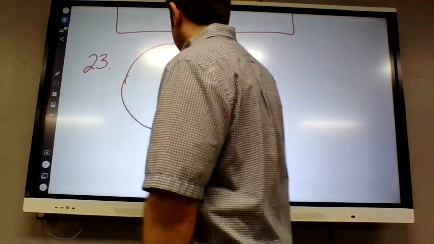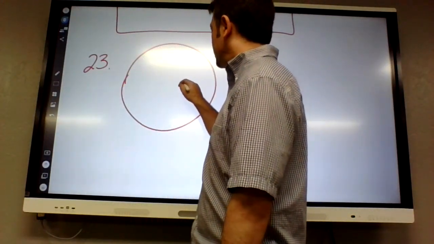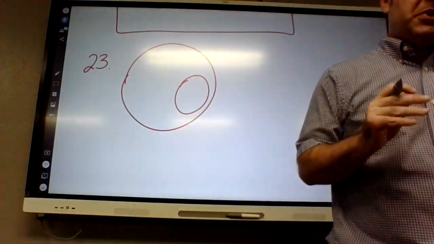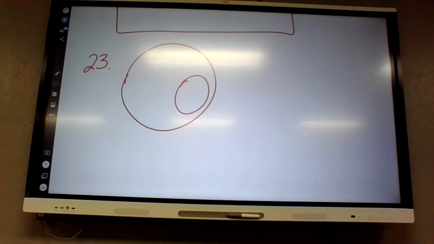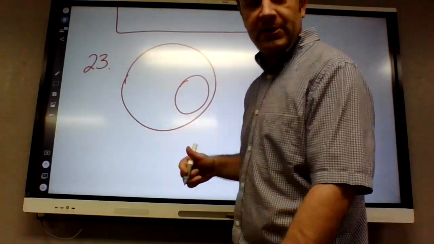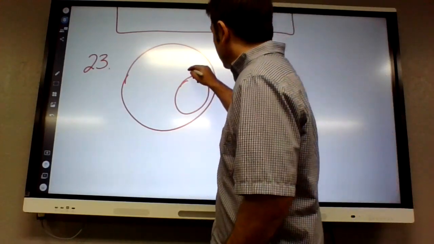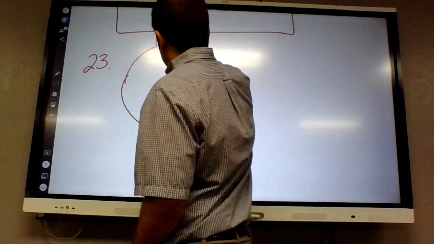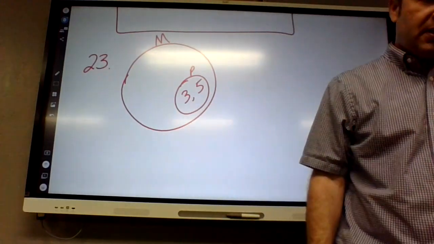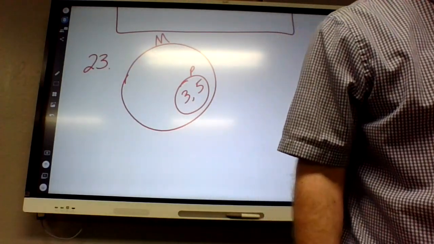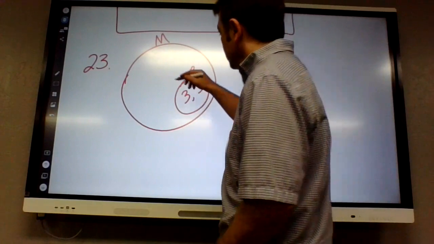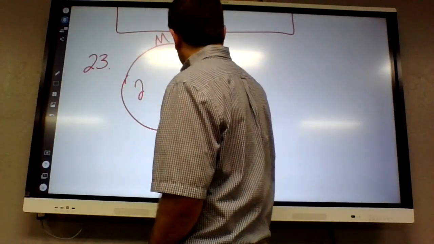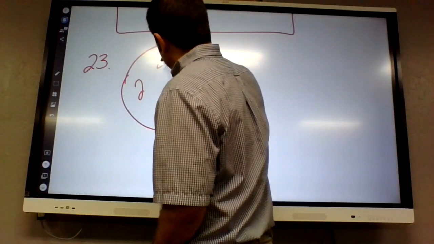One's totally inside the other, because everything in P is in M. So this little thing, P, is 3 and 5. It's going to be entirely inside of M. And M is 2, 3, 4, 6.